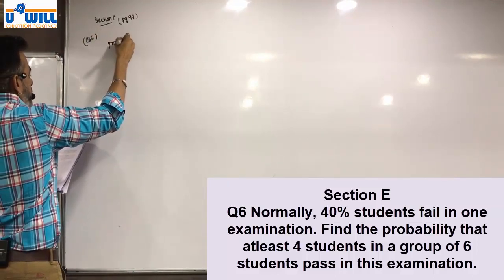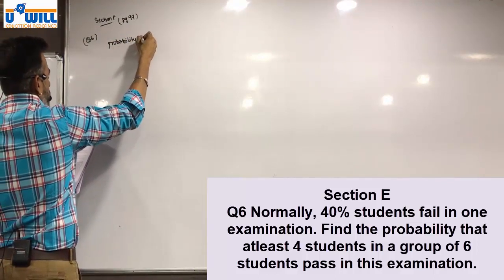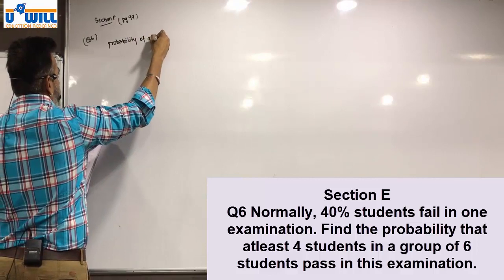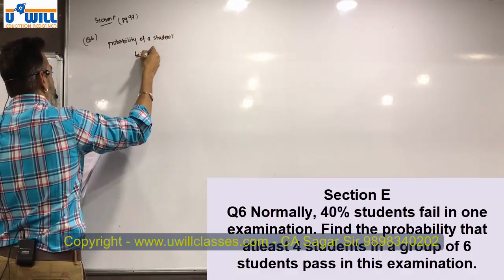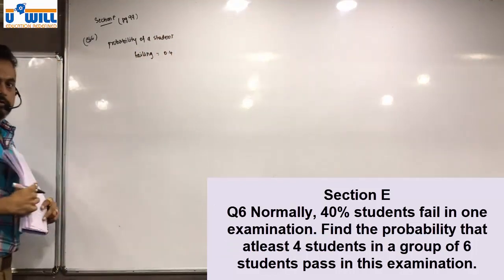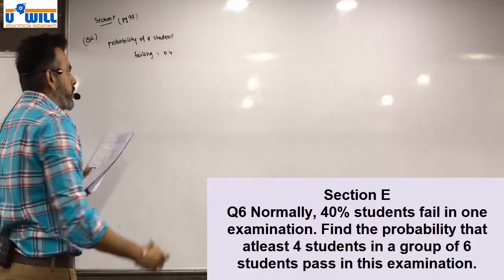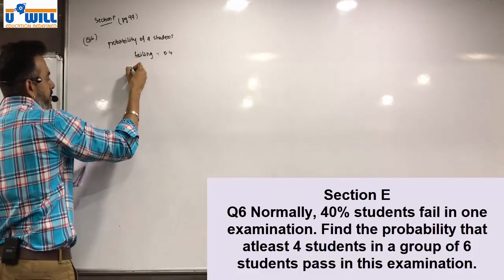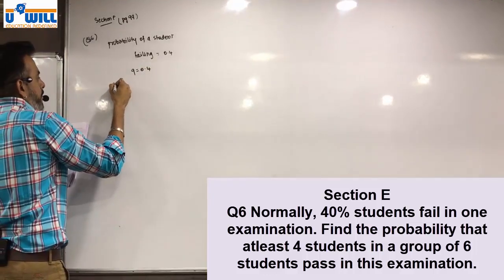Probability of a student failing is equal to 0.4. 40%. Now what is this for us, P or Q? Q. Since it is failure, Q is equal to 0.4.